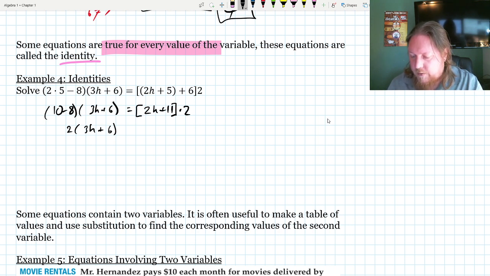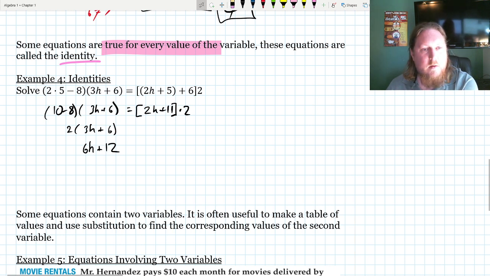And what do I got here? I got 6h altogether plus 12. Okay. I might have written this problem down wrong from the book. Let me double check. Oh, I did.